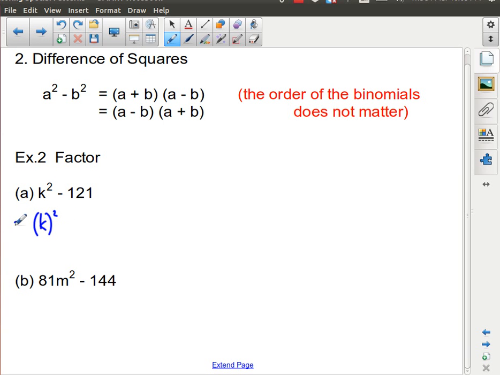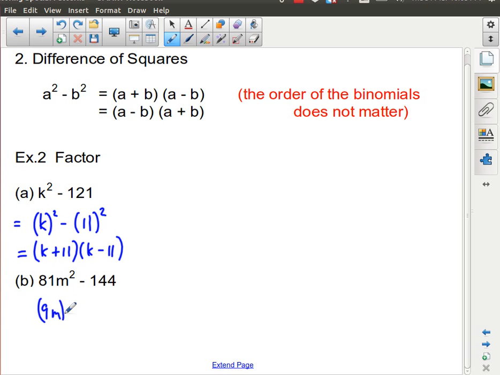Actually, I'm just going to go ahead and write it. I'm going to say this is equal to k all squared minus, and then 121 is the same as 11 all squared. And so what is the pattern? I've got a perfect square minus a perfect square. So I take a plus b, that's k plus 11, times a minus b, that's k minus 11. In this one, I have 81, which is 9 squared, and I have m squared, so that's m.